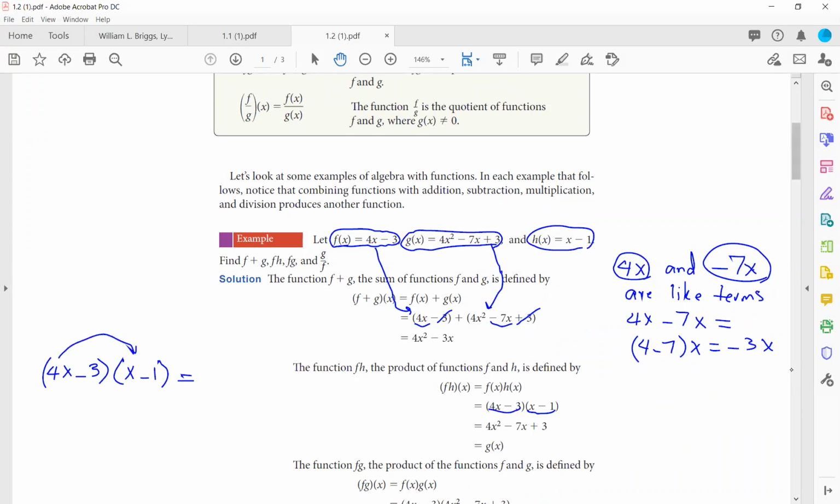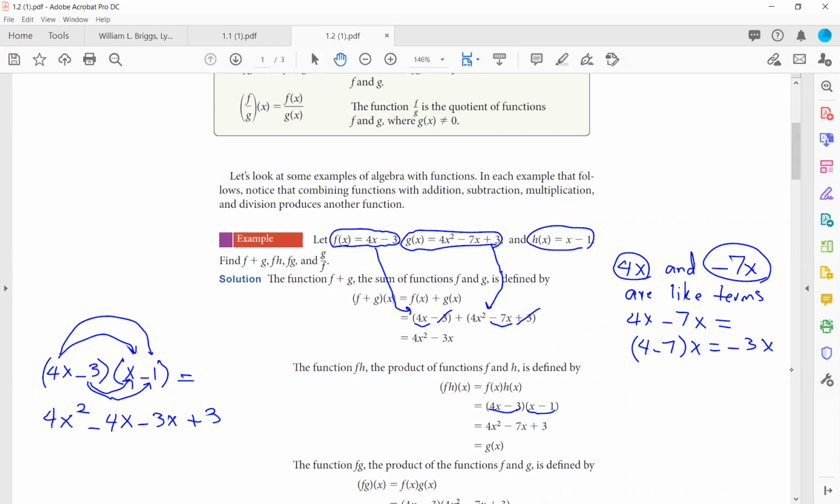4x times x is 4x squared. 4x times negative 1 is negative 4x, minus 3 times x is minus 3x, and minus 3 times minus 1 is plus 3.